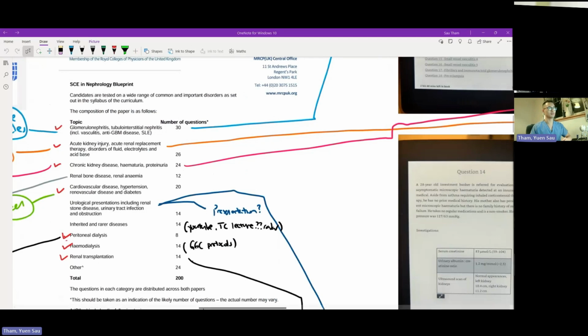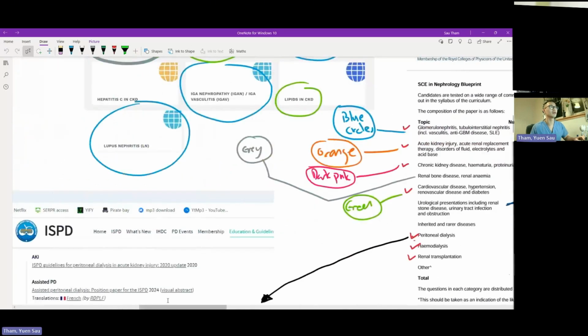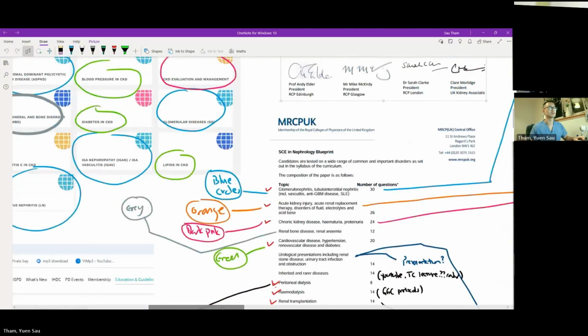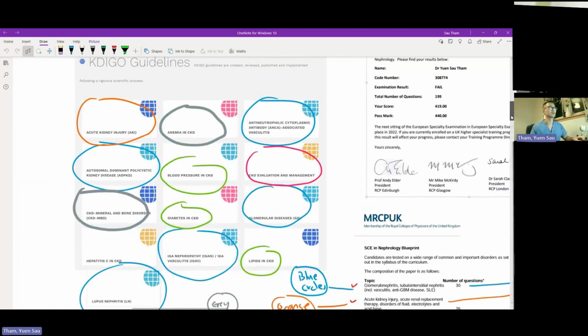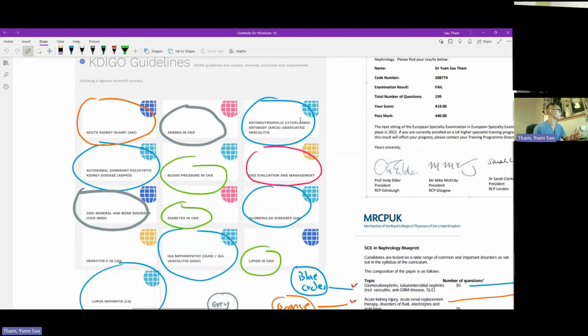And unfortunately, what you have to do is go on the KDIGO guidelines. The ones circled in blue are the GN ones that you have to look through. There's no two ways about it. You just have to go through the guidelines.